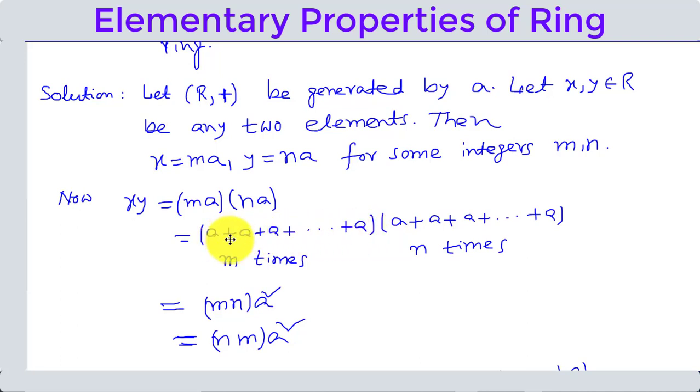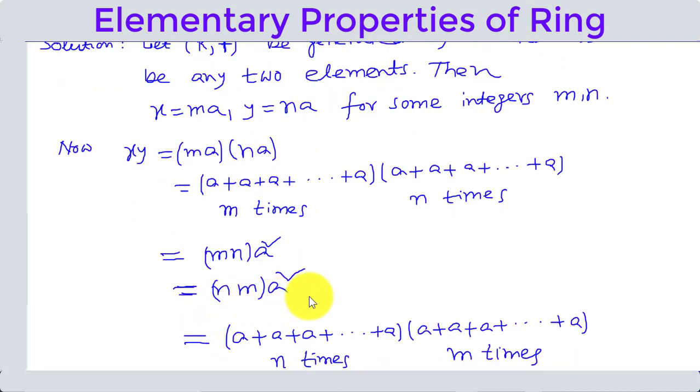So this can be written as mn a², which is equal to nm a², because n and m are integers, so mn = nm.